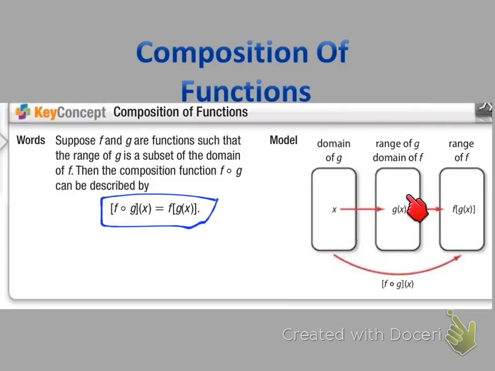You plug it in. There's a group of numbers that are in both the range of g, which is your g's y's after x goes in, and also in the domain of f, which is your f's x's before y goes in. Then it spits out a number that is in the range of f, which is f's y's.